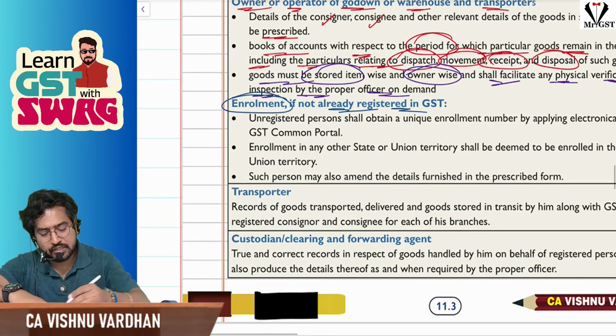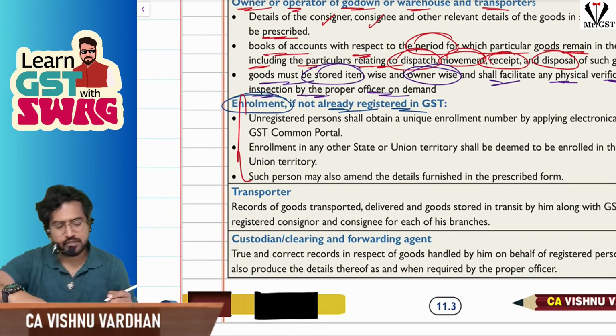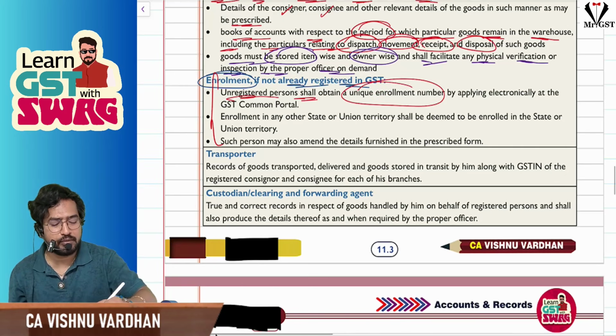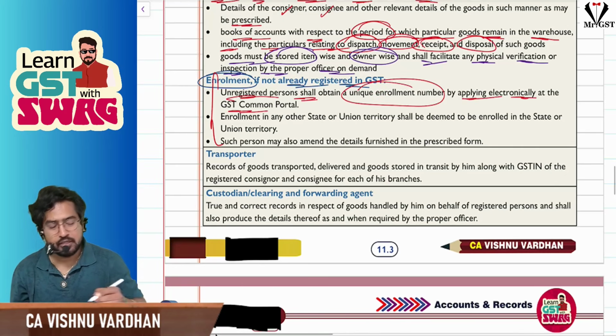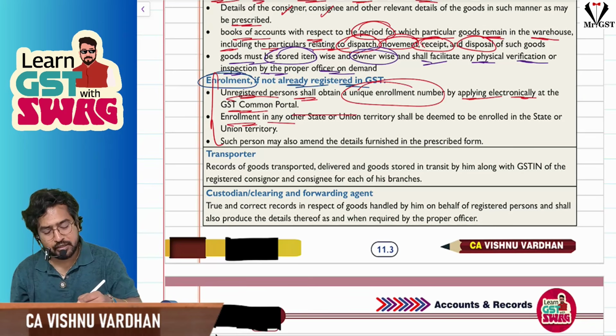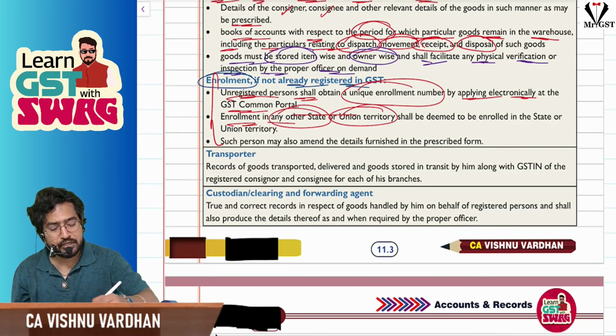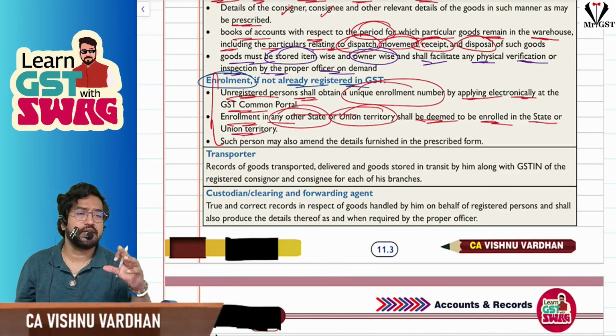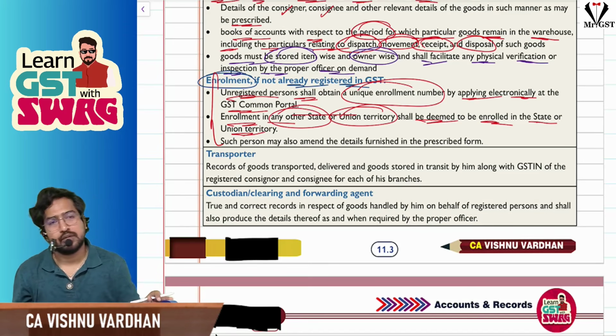So here we are talking about the transporter. What can he do, ma? Sir, unregistered person shall obtain a unique enrollment number by applying electronically at the GST common portal. Enrollment in any other state or union territory shall be deemed to be enrollment in the state, so these transporters can have this enrollment ID.